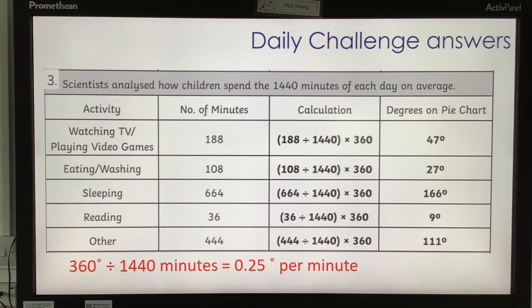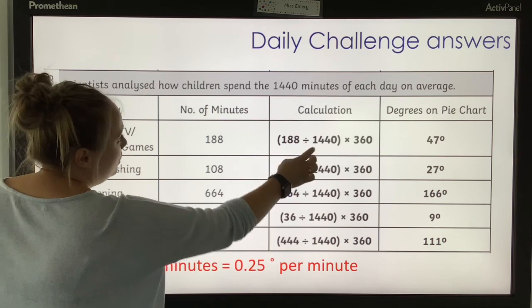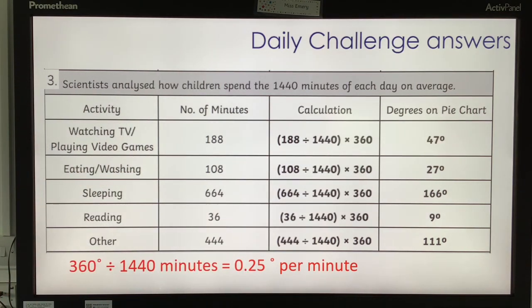The next one, so you needed to do 360 degrees in total divided by your 1,440 minutes. You then would find that you had 0.25 degrees per minute. 0.25 times 188 gives you 47. 0.25 times 108 gives you 27, etc. Or you could do your number of minutes divided by your number of minutes in total times 360 degrees.